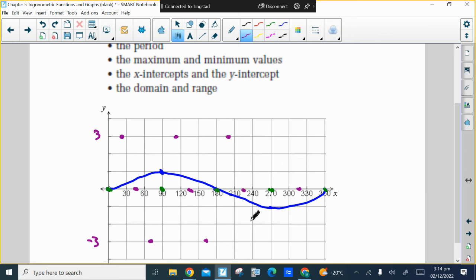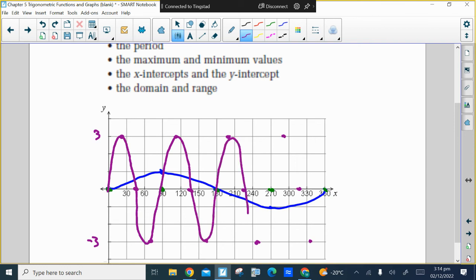Maximum, middle, minimum, middle. So the graph would look something like that.